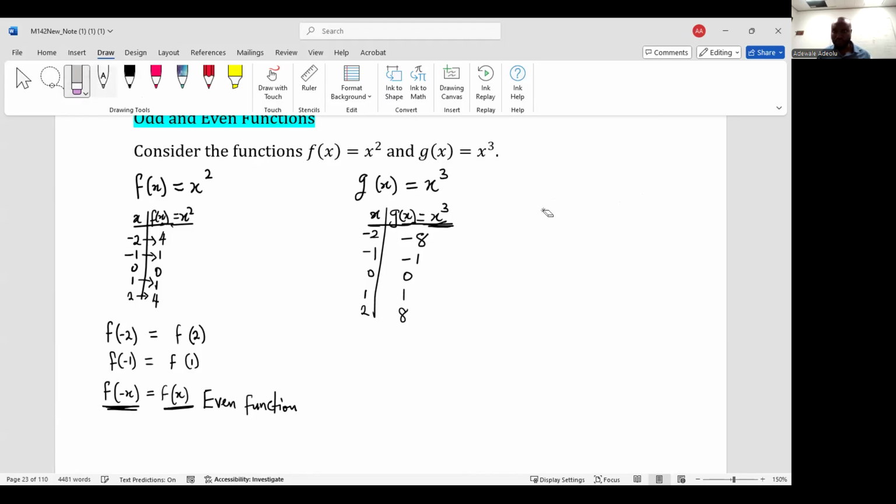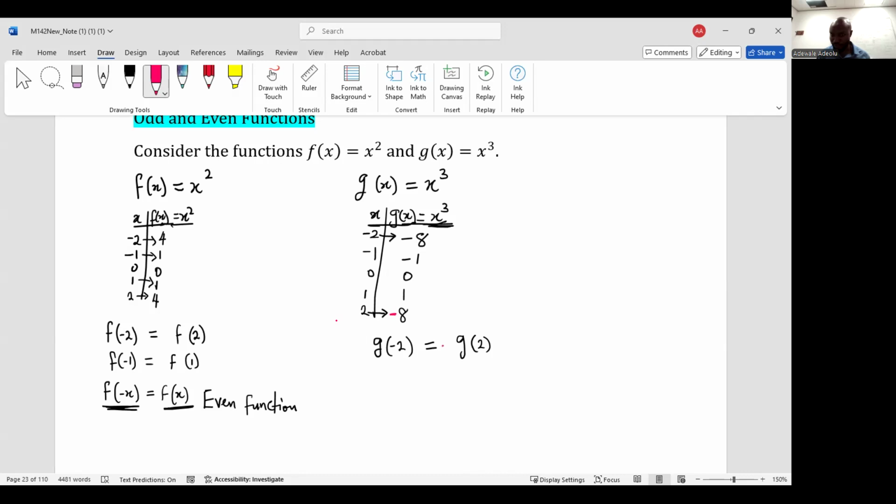Now, again, we observe, quick question: is g of -2 the same as g of 2? G of -2 is -8, but g of 2 is 8, not -8. If I want them to be equal, I need to multiply by -1.